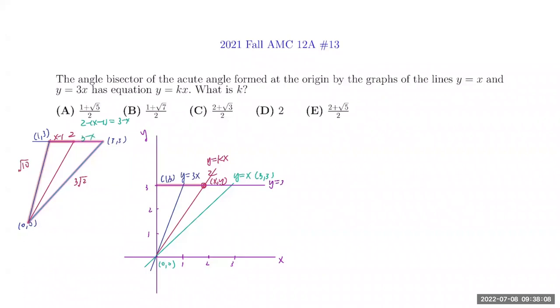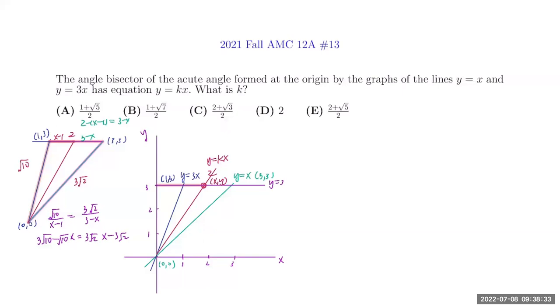Okay, now applying the angle bisector theorem, we have root 10 over x minus 1 equals 3 root 2 over 3 minus x. Cross multiplying gives us 3 root 10 minus root 10 x equals 3 root 2 times x minus 3 root 2.